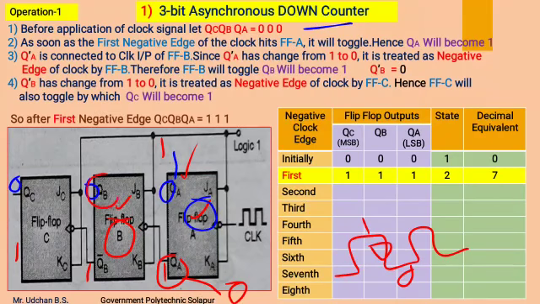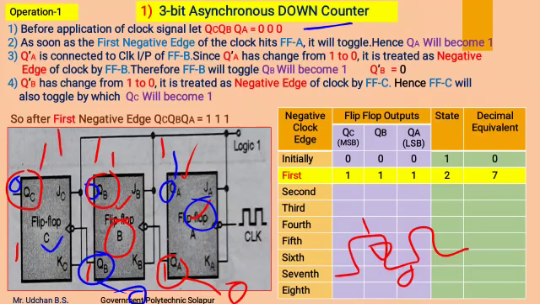Therefore QB changes to 1 and QB complement changes to 0. Here QB complement is changing from 1 to 0, therefore flip-flop C will also get the negative edge of the clock. It will also get toggled and the value of QC changes from 0 to 1.